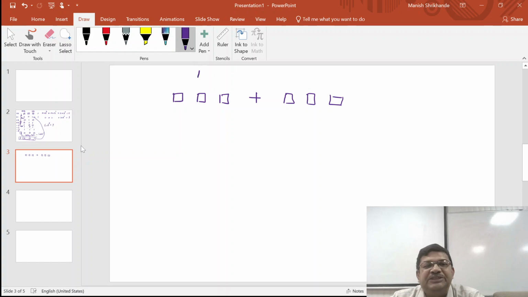So if this is I and if this is minus I, this should be equal to 0. It really doesn't matter if the addition is this, the carry bit is discarded anyway, right? That's the whole point.